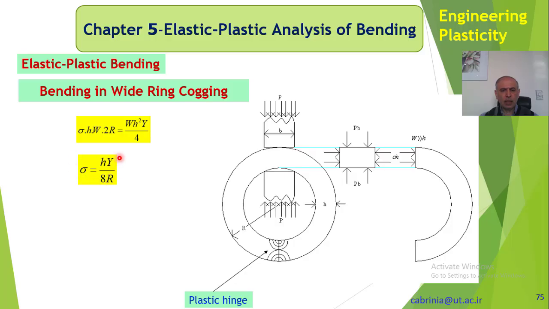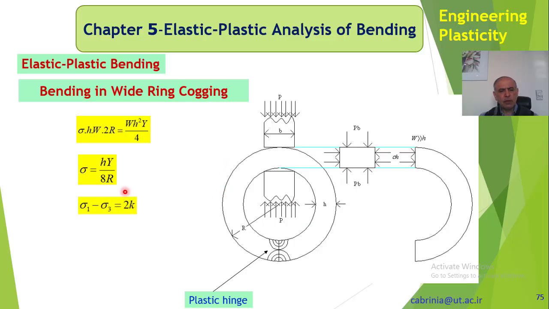You can see we have obtained this sigma very, very simply from this plastic hinge idea, and of course here you should recognize where the plastic hinge is, otherwise you don't get the right answer.